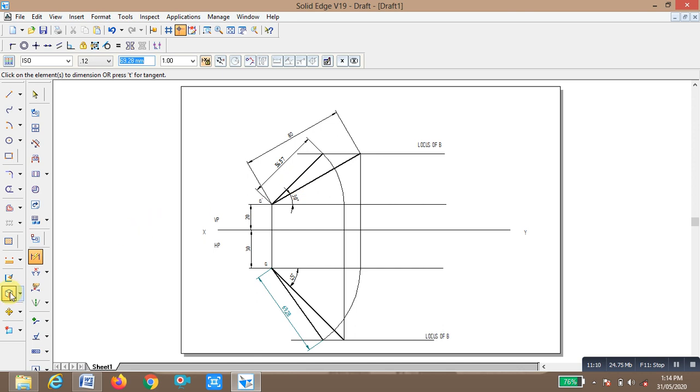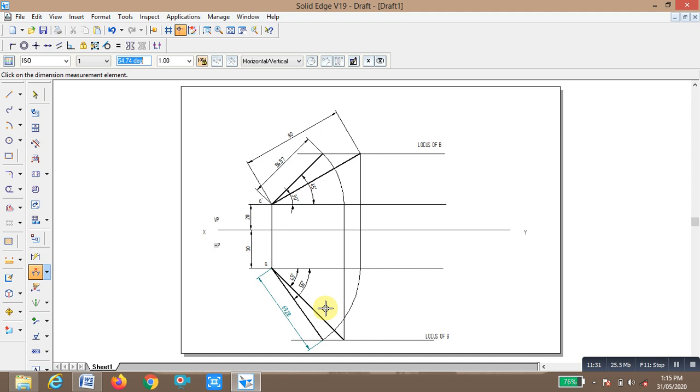It is 45 degrees. Similarly in the top view, the angle between this apparent length and this line is 55 degrees.